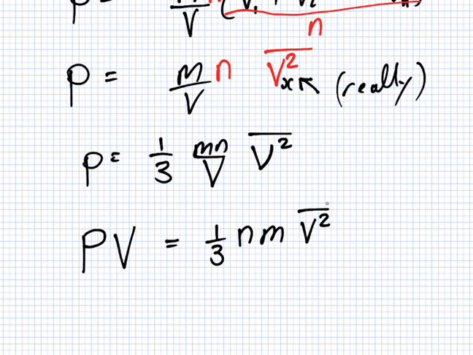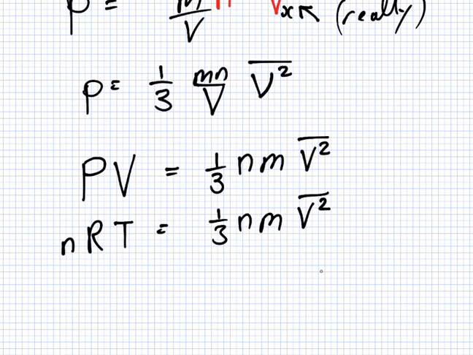Now, think back to the ideal gas law I just showed you earlier. What is pressure multiplied by volume? NkT. NkT equals 1/3 N m v squared. We're getting there. Cancel the Ns.